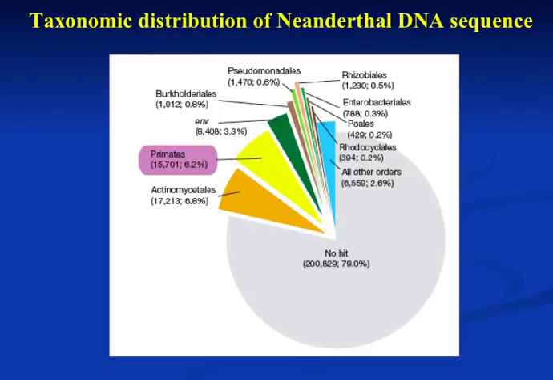And then a lot of the other ones, it's not too surprising, were bacteria and fungi, etc. But about 6% of the DNA was primate DNA, and of that, some of it was Neanderthal DNA. So this was a difficult project, particularly computationally, because they had to pick out that 6% from all the other sequences.